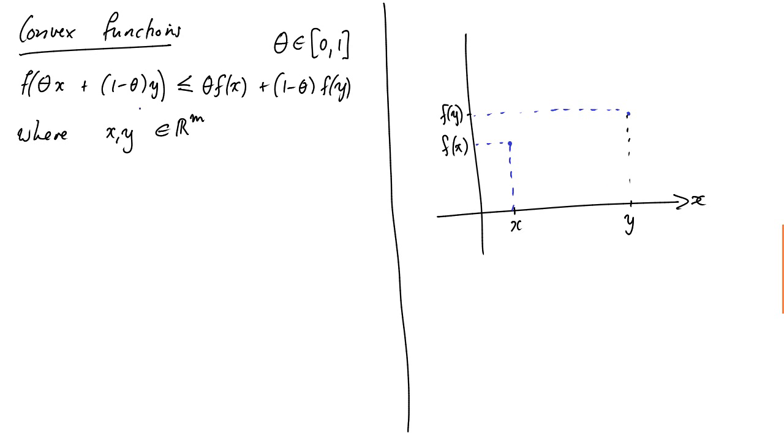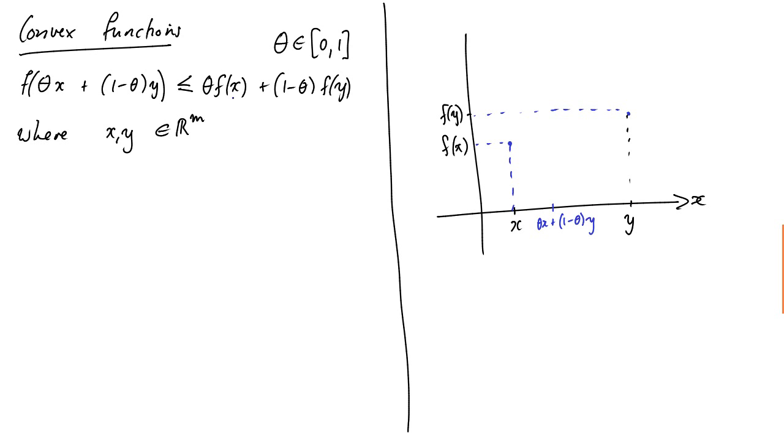When theta is equal to 0, you just get y, and when theta is equal to 1, you just get x. Make sense? Cool. So this is called a convex combination of x and y, and it just corresponds to the line across here. Let's take a point, and this will be theta x plus 1 minus theta y.